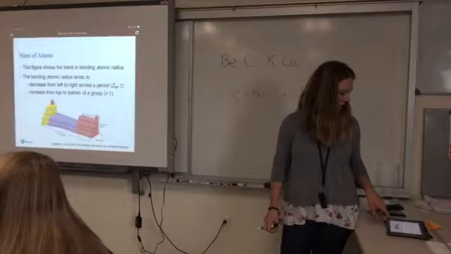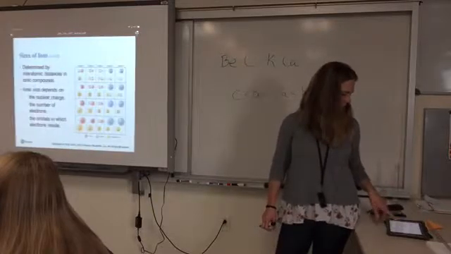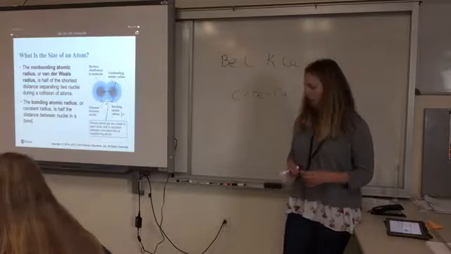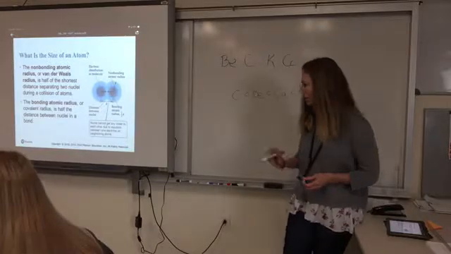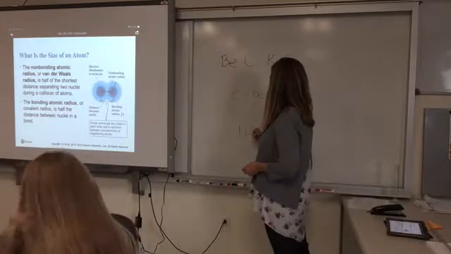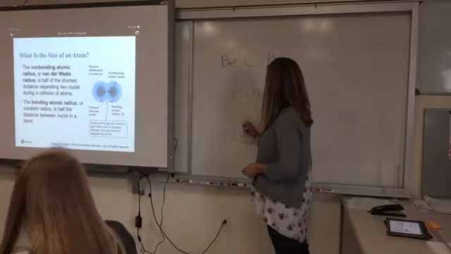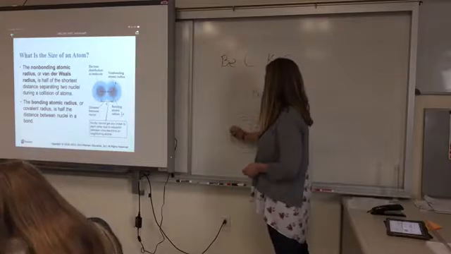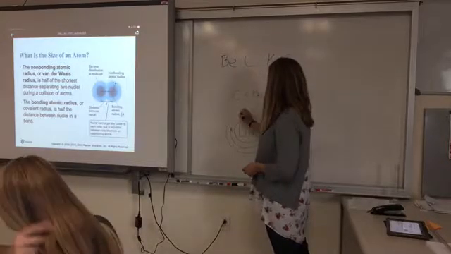Now, we're going to talk about ions for a sec. I want you to go back to lithium for a second. Let me redraw lithium. So here's lithium, and we said it has 3 electrons.